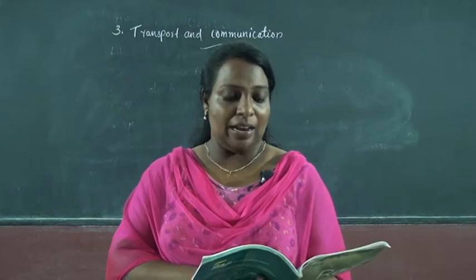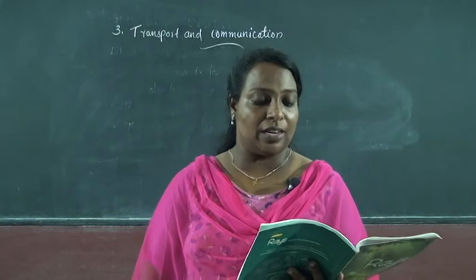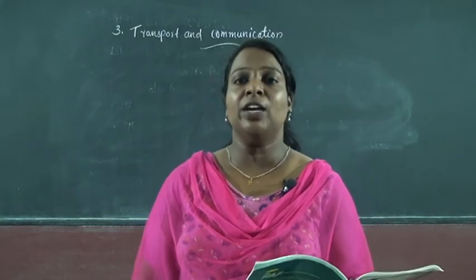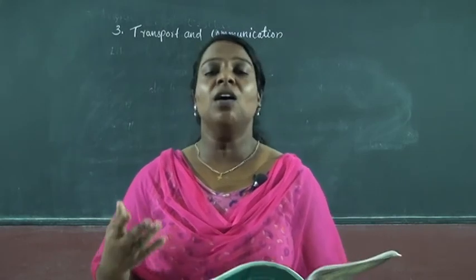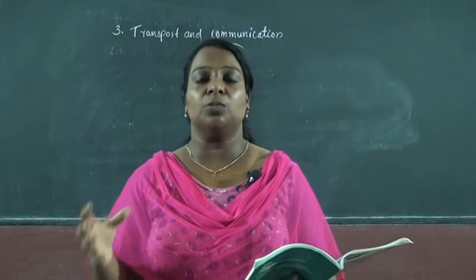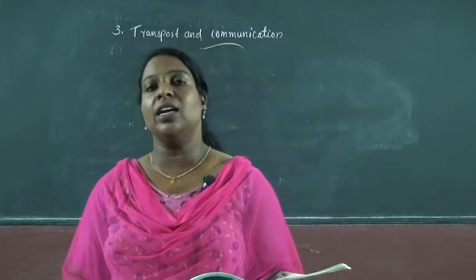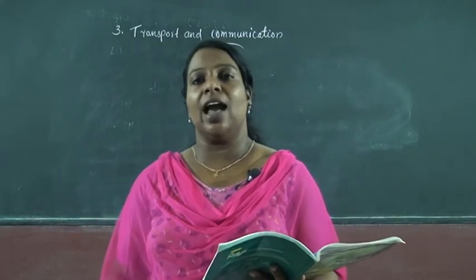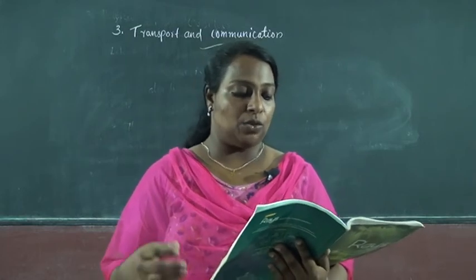Nowadays the important trains are the Rajdhani Express and Shatabdi Express, which travel at a speed of 120 to 130 kilometers per hour. In some cities there are also metro trains, which move on elevated to underground tracks.